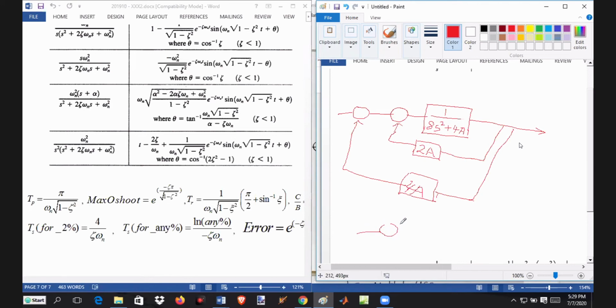Because the inner one is a box already. After I do the inner one, everybody should know the answer for this box. This box is CLTF, isn't it? So this is the inner one.